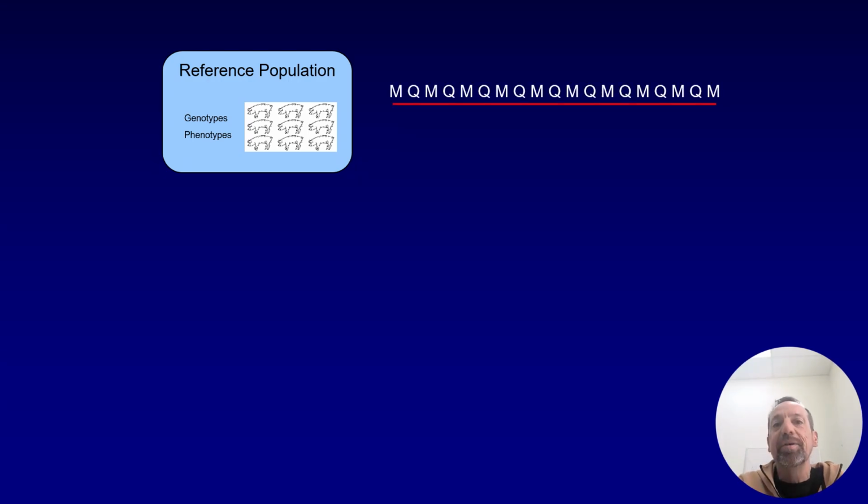This is just a cartoon of what that information looks like. So the red line is a chromosome, where M is a marker, say a SNP, and Q is an underlying mutation that actually affects the trait.